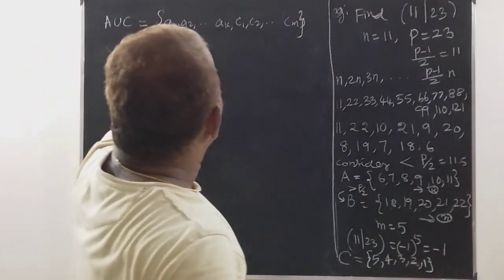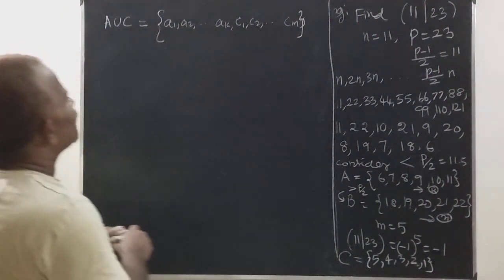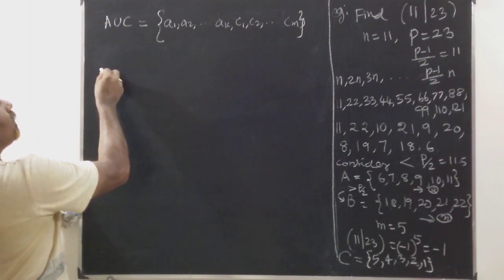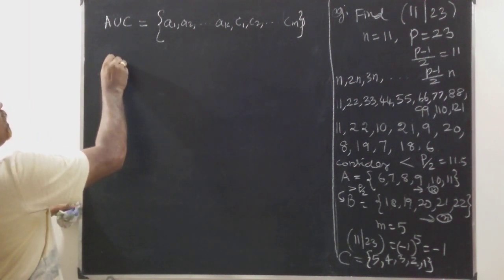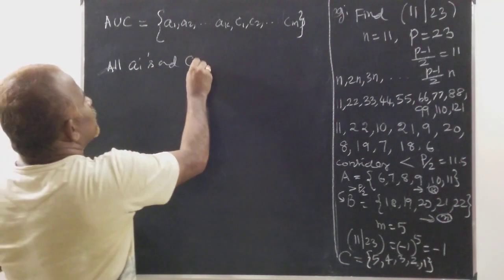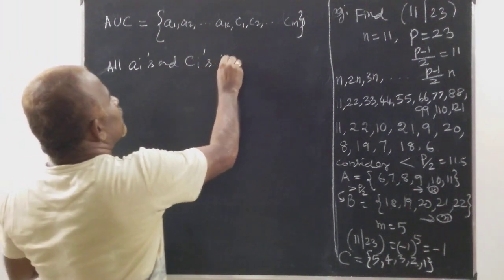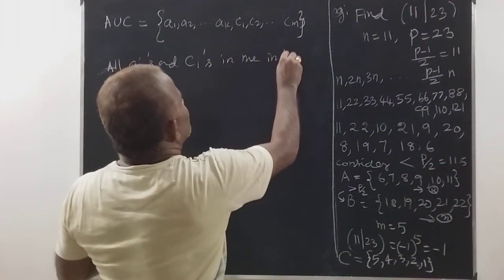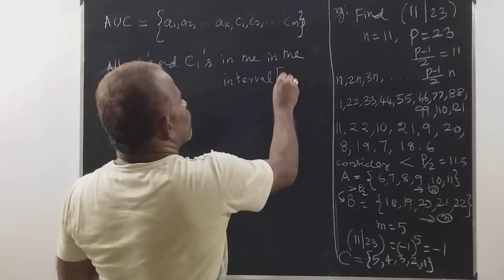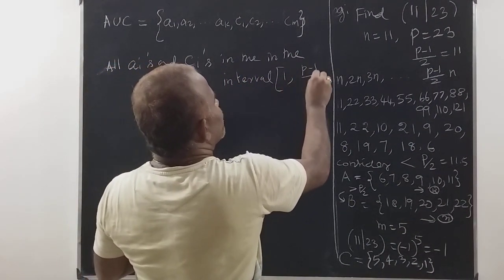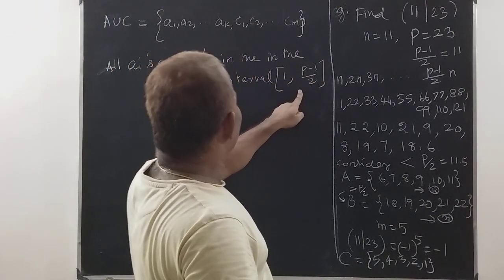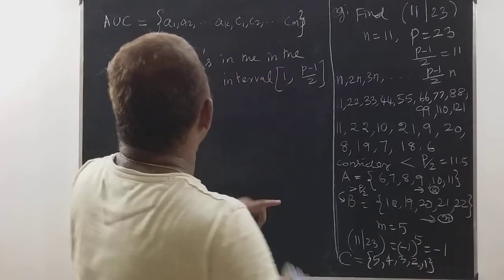So all the Ai's and Ci's are in the interval 1 to (P minus 1) by 2. So these are less than P by 2, all integers.